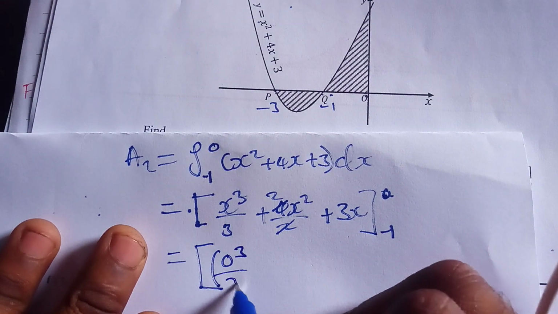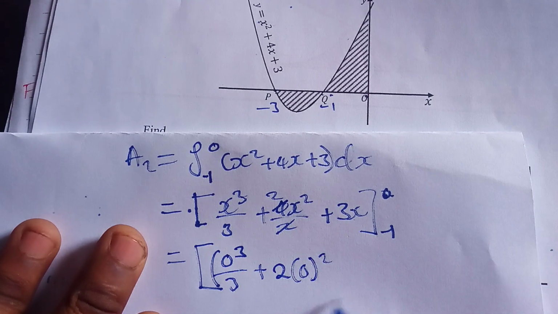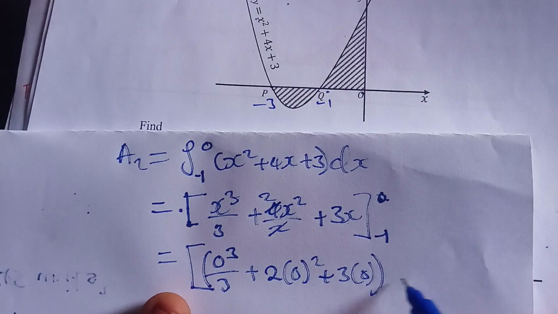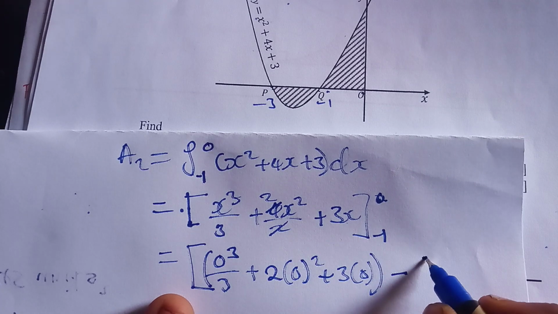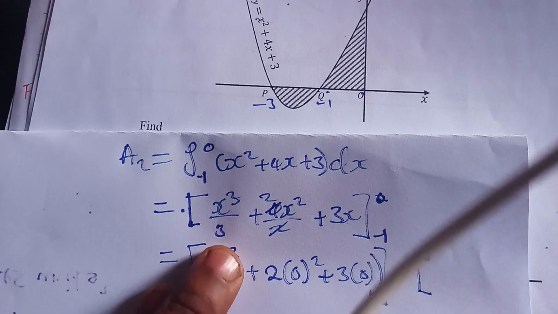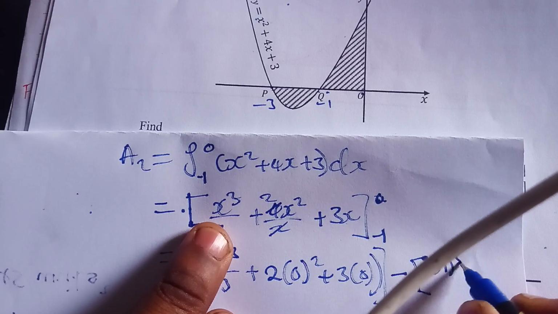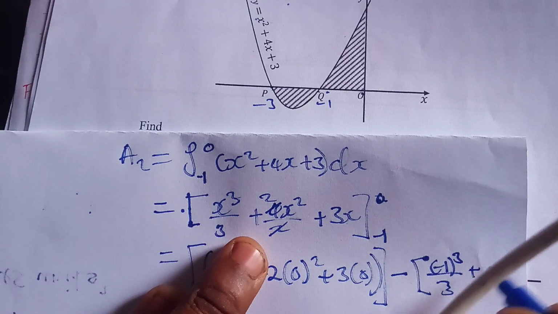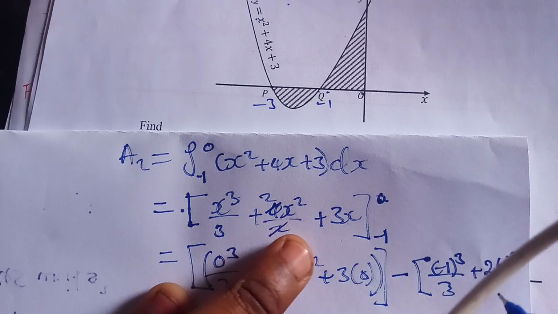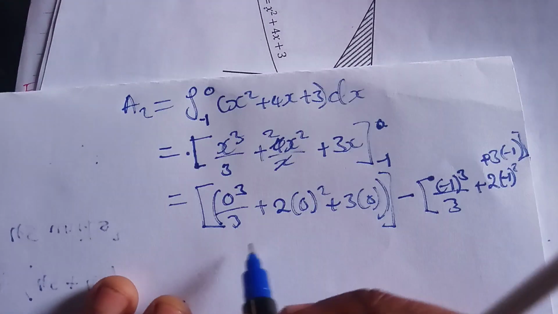So this one will be that plus 2 plus 3 times 0 like this, and then minus, with -1 you have -1 to the power 3 over 3 plus 2, where there is x you put -1 squared, then plus 3 times -1, then you close the brackets.